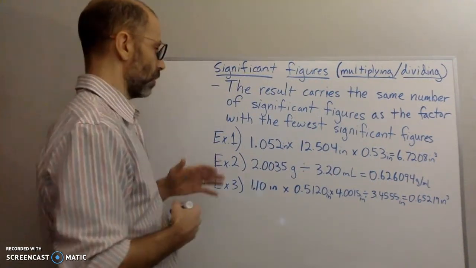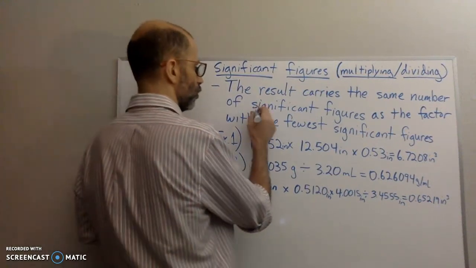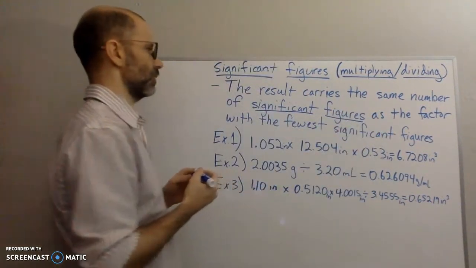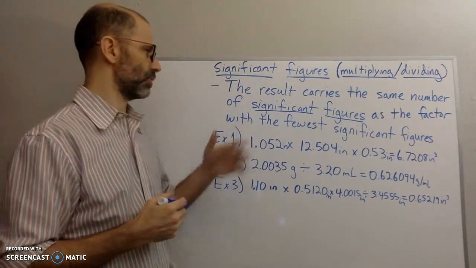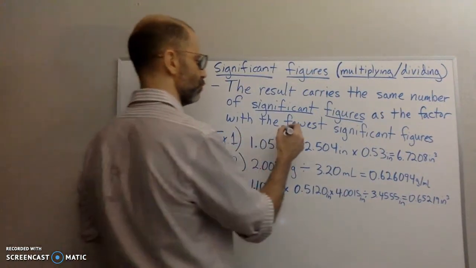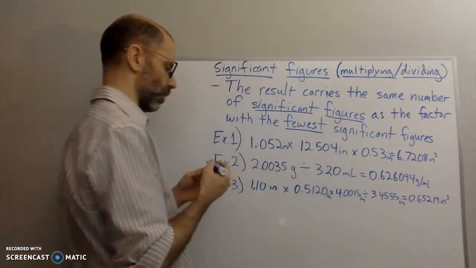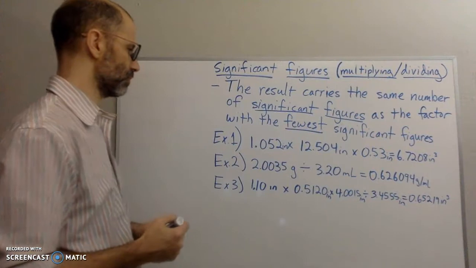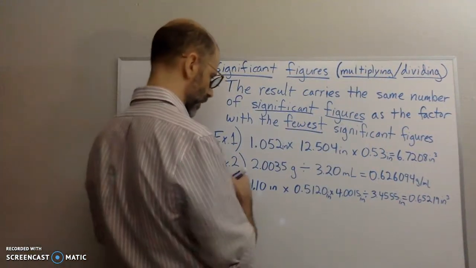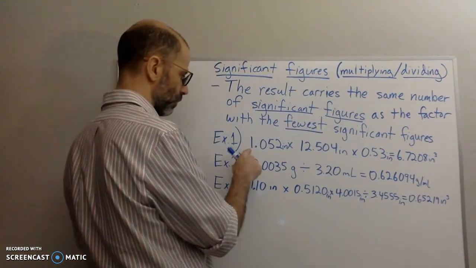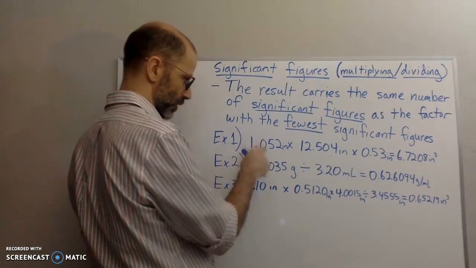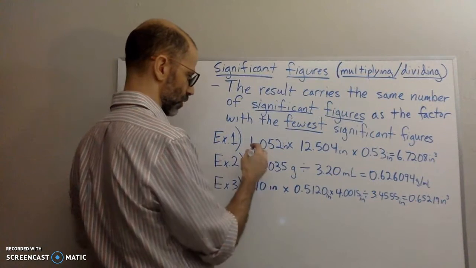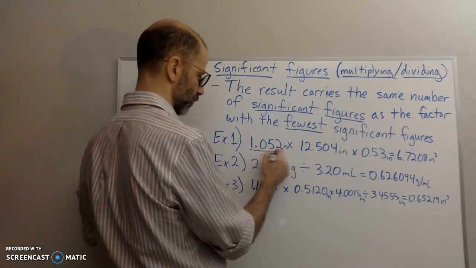Well, just like we looked at decimal places, we're looking at the same number of significant figures as the fewest in your factors. So this one has, remember your sig fig rules, the 0 is significant and the rest of it is significant. So this is going to be 4 sig figs.